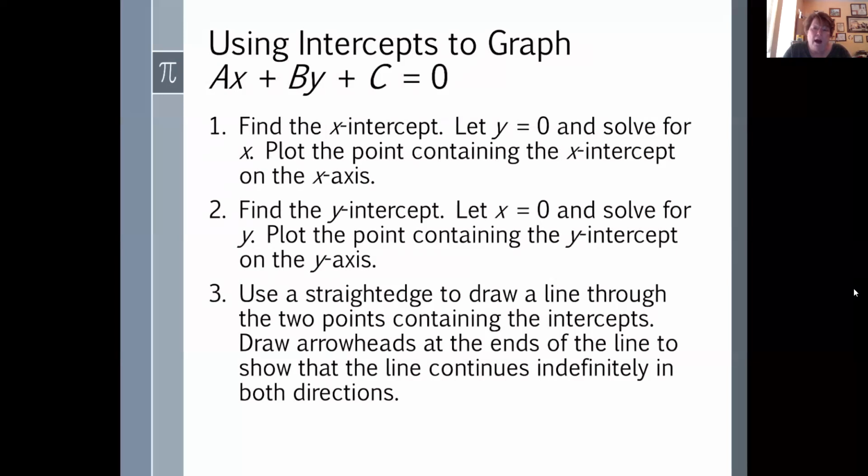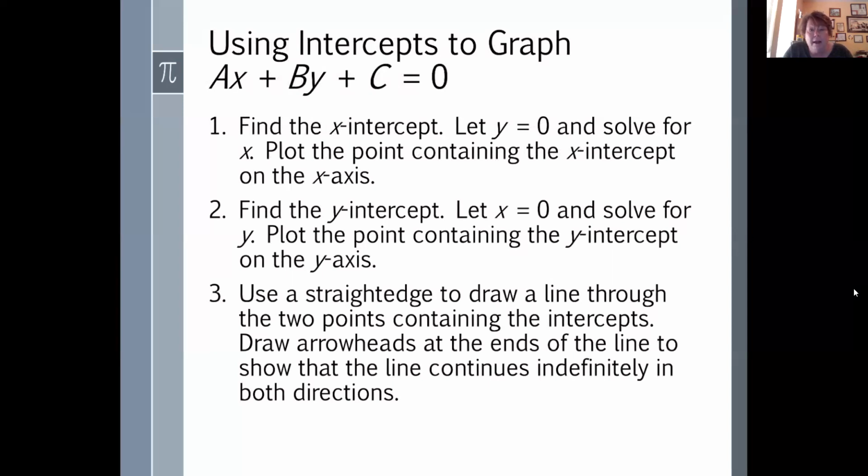So, the equation of a line in general form. First of all, you're going to find the x-intercept. To find the x-intercept, let y equal 0, because if it's on the x-axis, the value of y is 0. Let y equal 0 and solve for x. Plot the point containing the x-intercept on the x-axis.